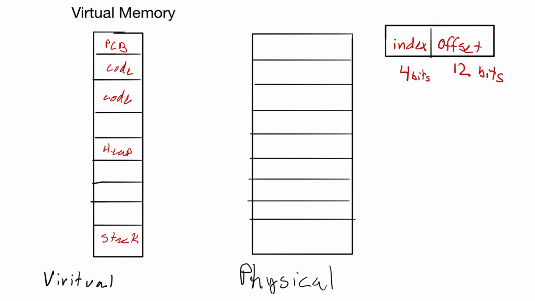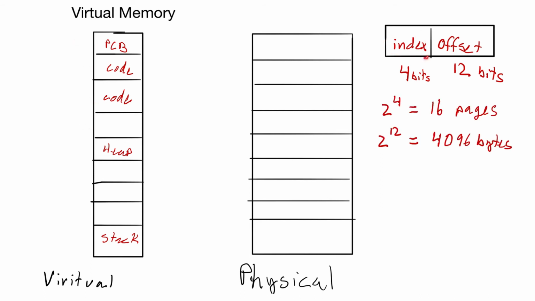And the way that works is whatever number is stored in the top 4 bits tells us which page this is located in. Now the offset down here tells us where inside of the page the data that we want is located. So the offset tells us where inside of the page it's located, and the index tells us which page it's on.